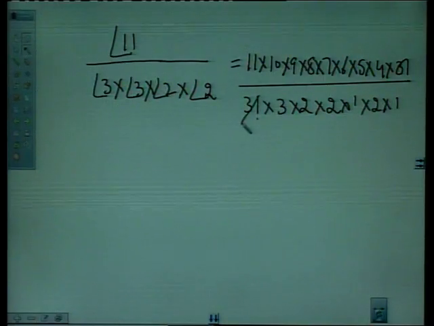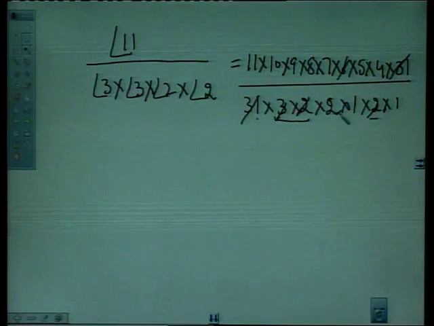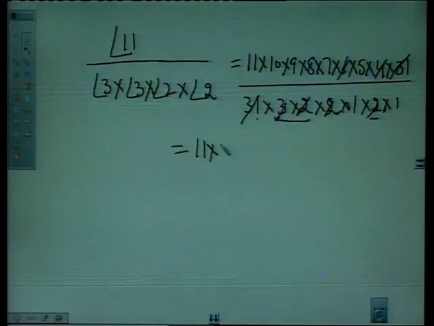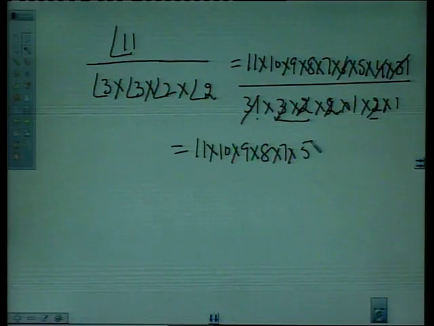Now, cancel 3 factorial from numerator and denominator. We have 3 into 2, that is 6. Cancel with 6. 2 into 2, 4. Cancel these with 4. We are left with 11, 10, 9, 8, 7 and 5.